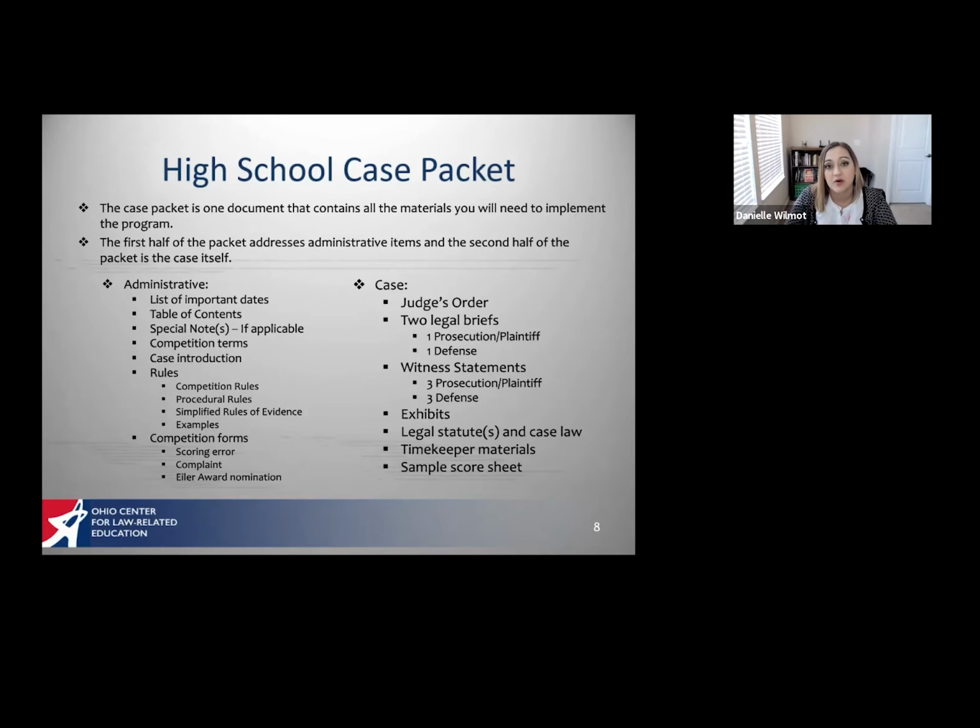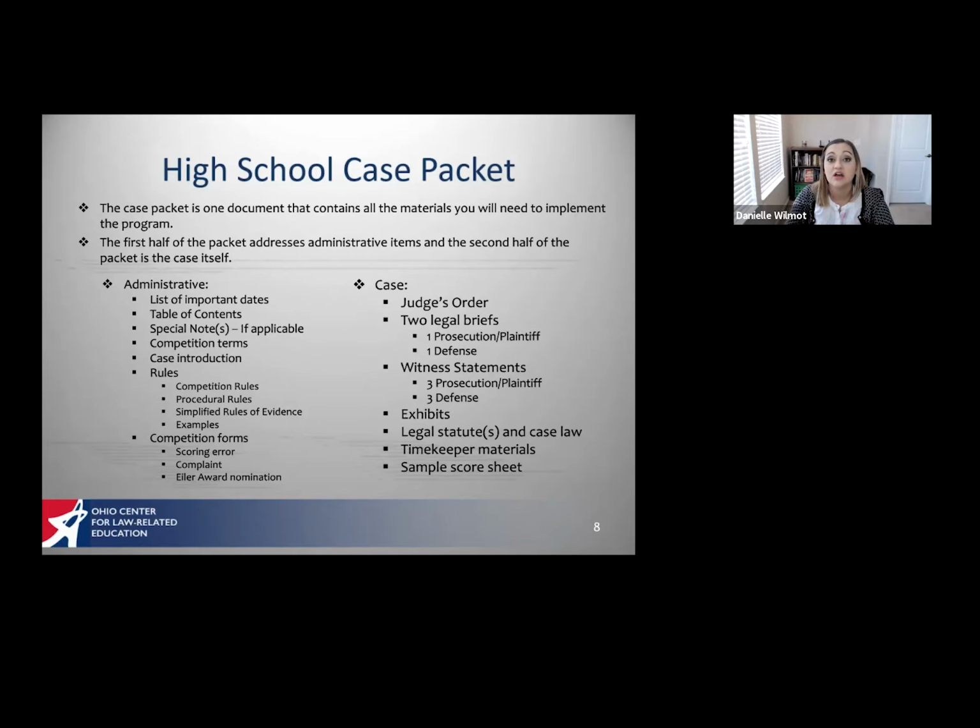So that's super important, because if they want to object to a behavior or something that opposing counsel does, they should have to cite that rule. So knowing them really well allows them to make effective objections and allows them to be the best advocate and witness involved in the trial. So very, very important. And to help understand those rules, we have an entire section on examples.